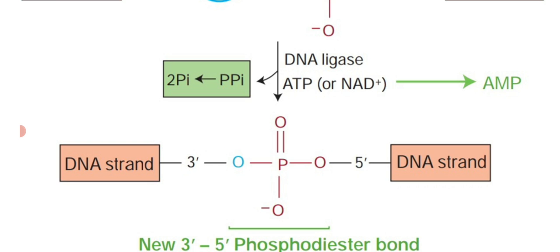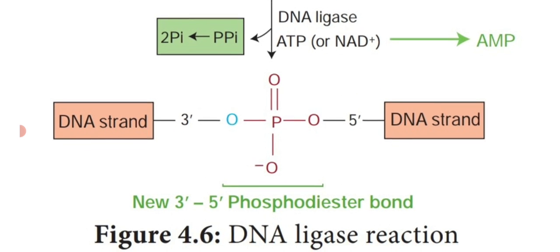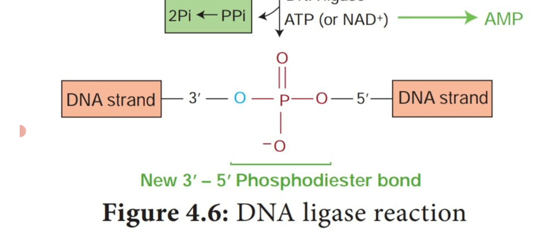So oxygen means phosphate, PO4. So both strands are joined together by the enzyme known as DNA ligase. The new strand is forming the phosphodiester bond.